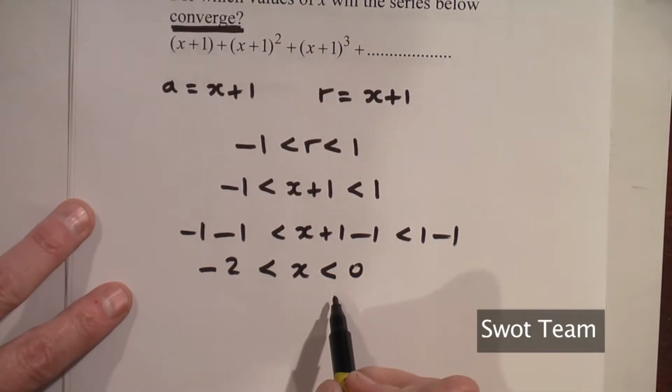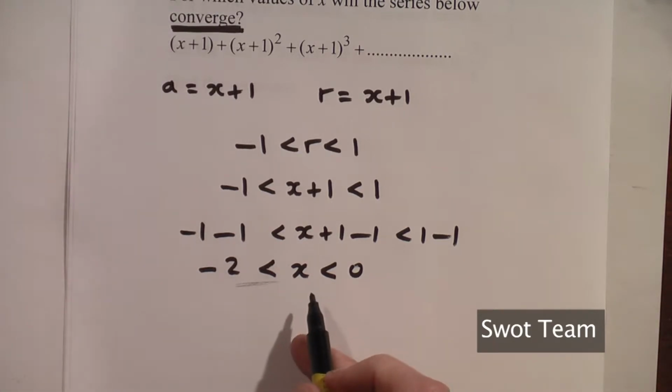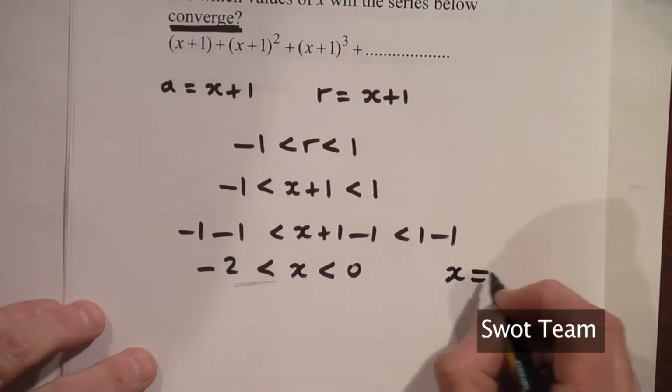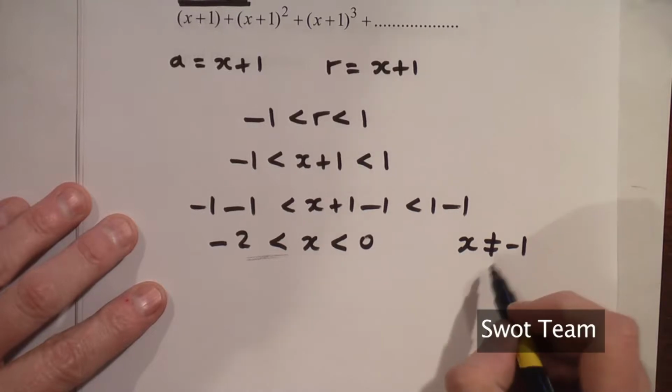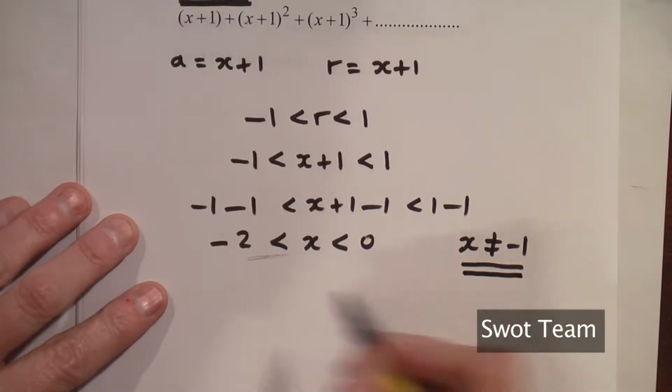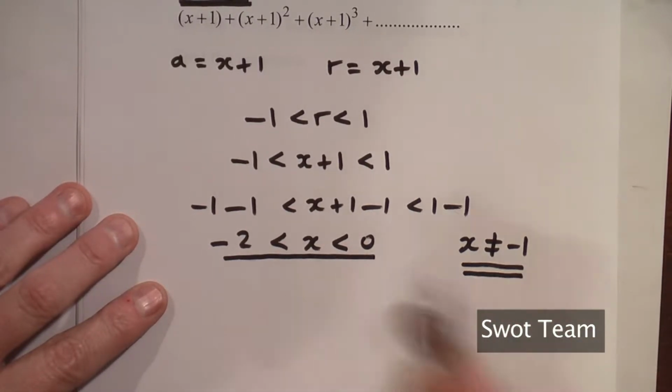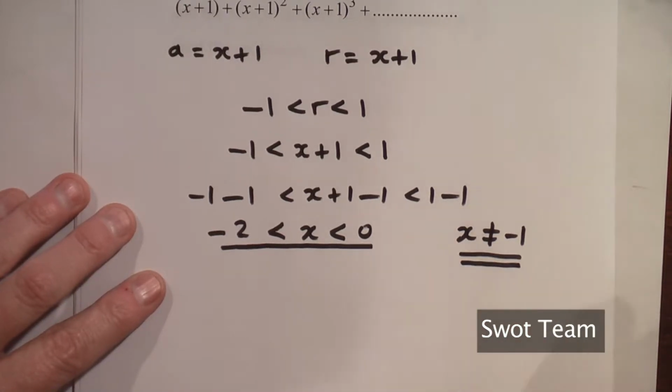So if your x value is anywhere in between there, except, let me make a point here, very important: you can't really have x being -1, because if x is -1, the whole series vanishes and you just get 0. So it's very important to state that as well. If x is between -2 and 0, you have a nice little convergent geometric series where the sum to infinity is actually going to exist.